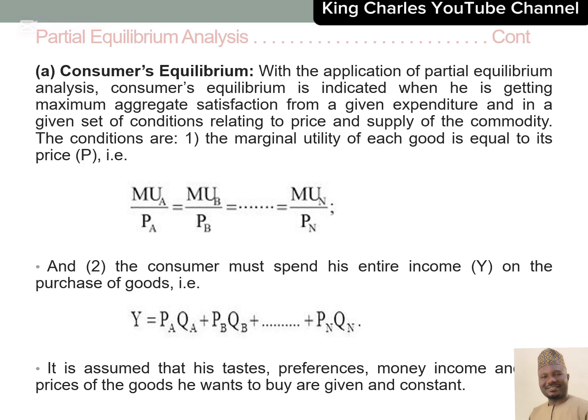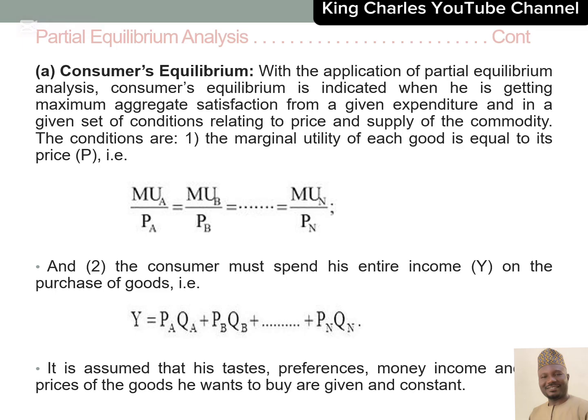Plus price of bread, which is 400, multiplied by the quantity of bread you bought, which is 1, will be 400 times 1, that is 400. Plus price of Milo, which is 100, multiplied by the quantity you bought, which is 3, that's 300. So when you sum all of this together, 300 plus 400 plus 300, you have your total income, which is 1,000 naira.